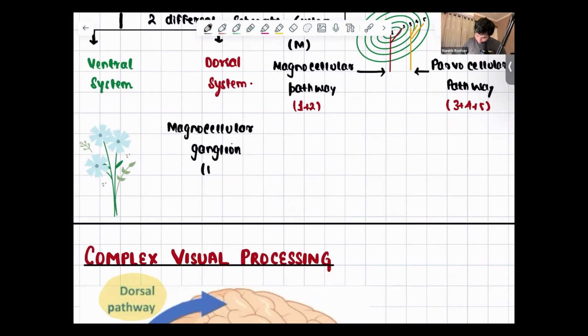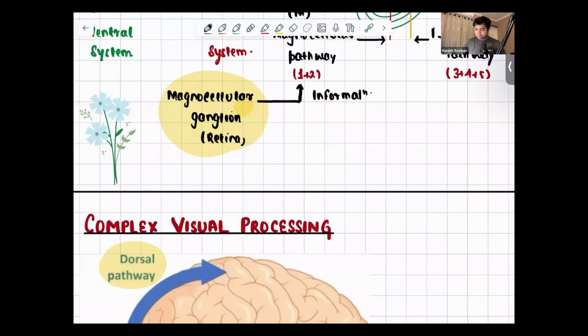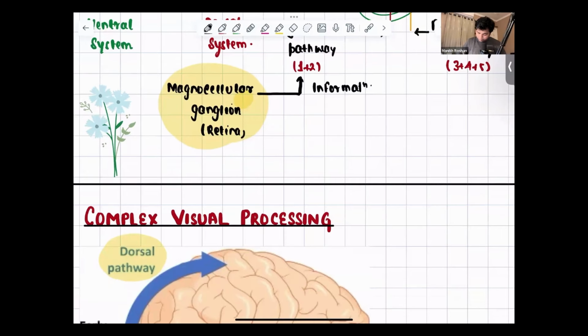From the retina, it gives information to the magnocellular pathway. Remember, this is a fast conducting pathway.